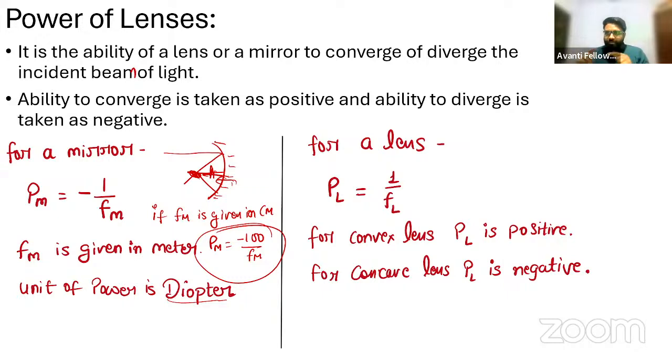So it is mentioned on your prescription which is given by the doctor. It mentions what power of lens you have.